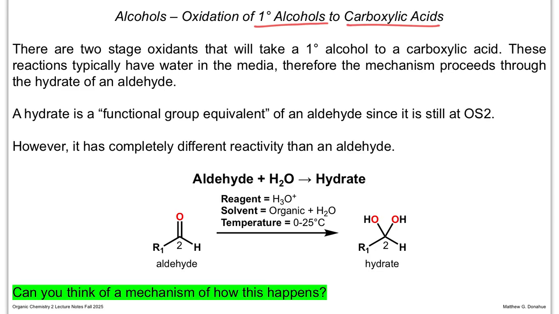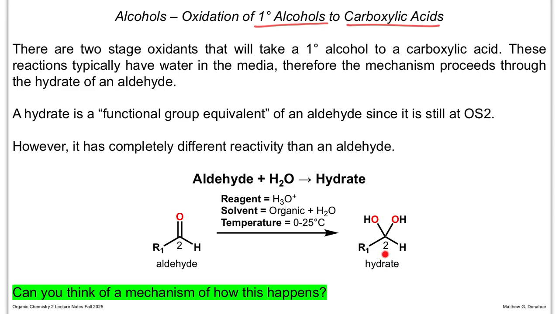So I'll show you this in two parts. We can see from just counting sigma plus pi, we're at oxidation state 2, and that belongs to a carbonyl. Carbonyls can undergo an equivalent reaction where the oxidation state stays the same.